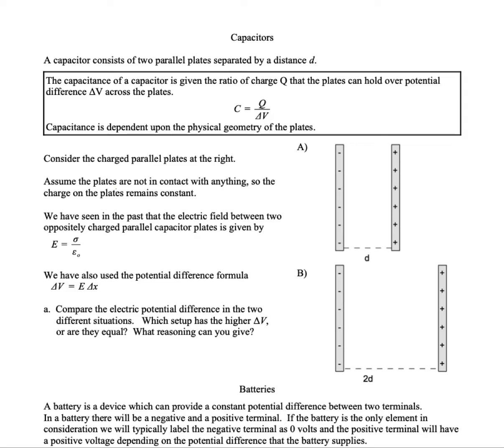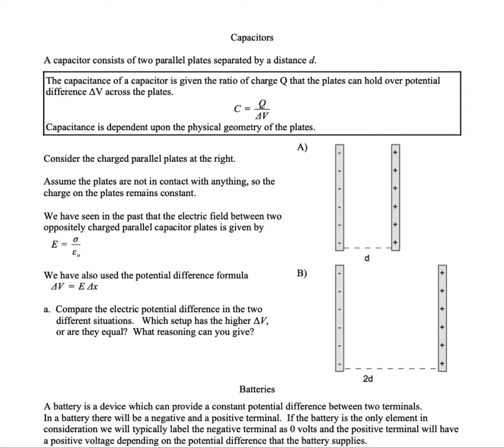Consider the charged parallel plates shown on the right. Assume that the plates are not in contact with anything, so the charge on them remains constant. We've seen in the past that the electric field between two oppositely charged parallel capacitor plates will be given by E equals sigma over epsilon naught. We used Gauss's law to derive this equation.